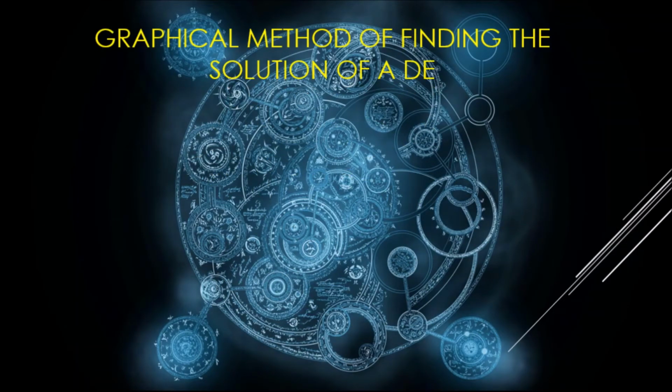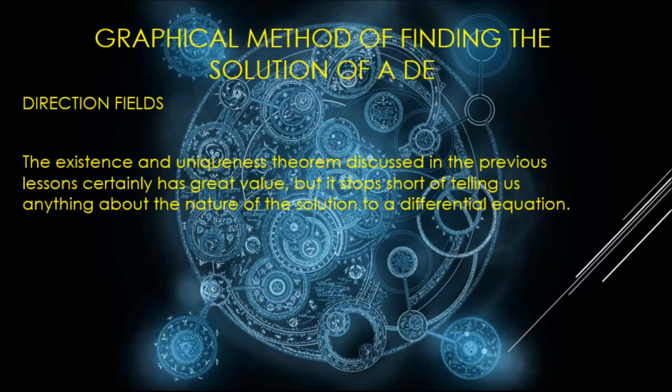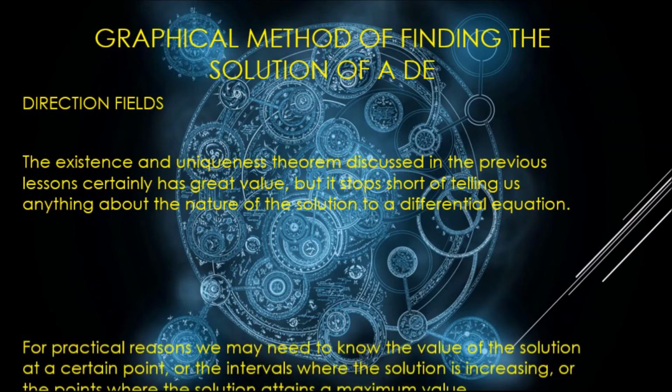Graphical method of finding the solution of a DE. So we have direction fields. The existence and uniqueness theorem discussed in the previous lessons certainly has a great value, but it stops short of telling us anything about the nature of the solution to a differential equation.